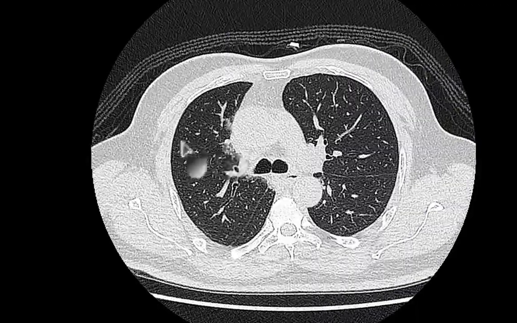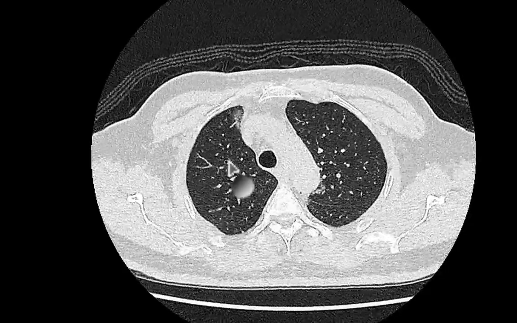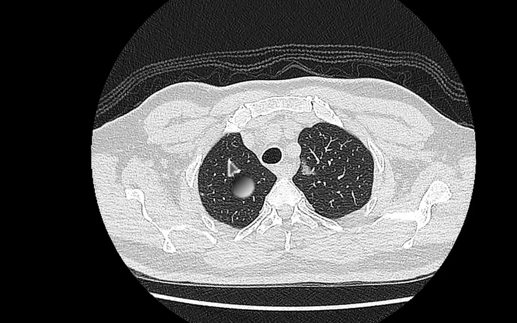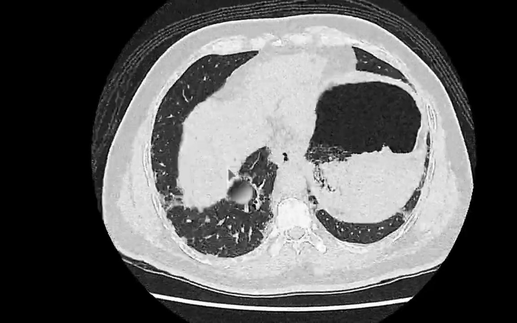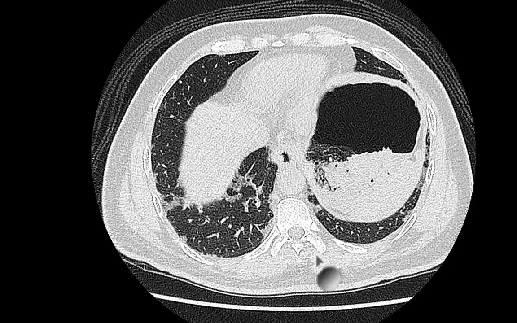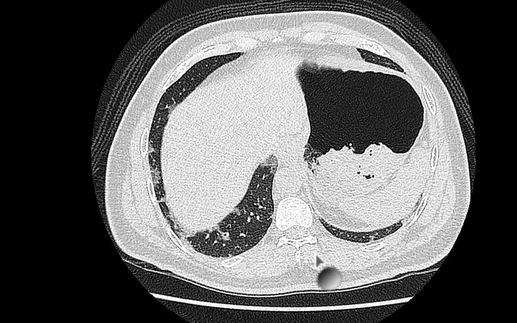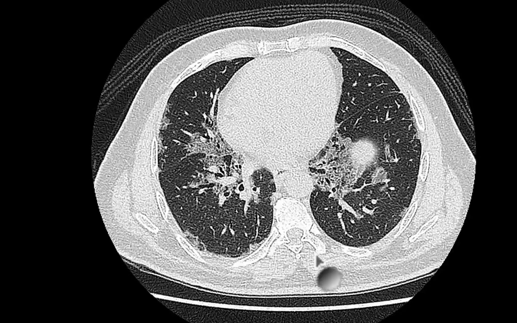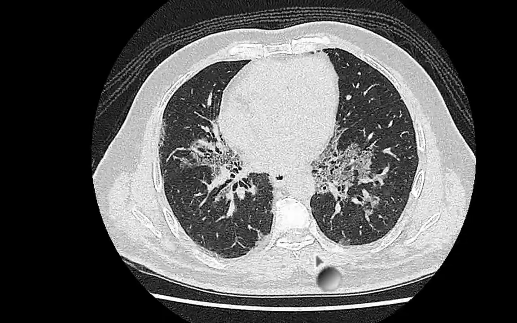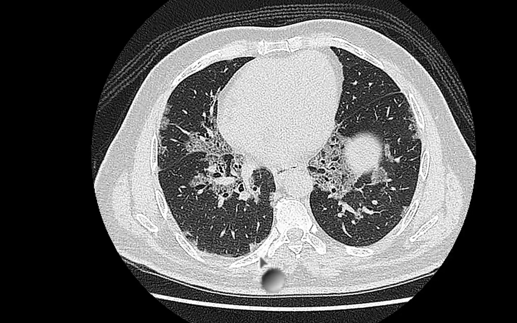Now, it's very important in such cases to decide on the distribution of the findings. Even on an axial image, you could tell that the abnormality is less pronounced in the upper lung, more predominant in the lower lung. So number one, this is a lower lung predominant abnormality. Number two, you have to decide if the abnormality is central, peripheral, or diffuse. In this case, you have multifocal, subpleural, or peripheral opacities, such as what we see in these locations.